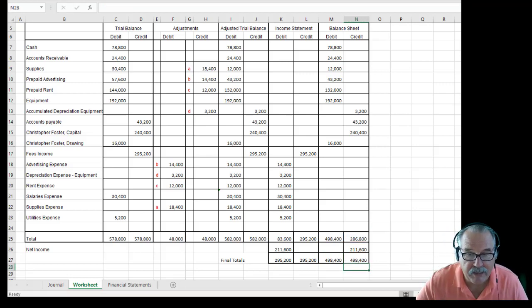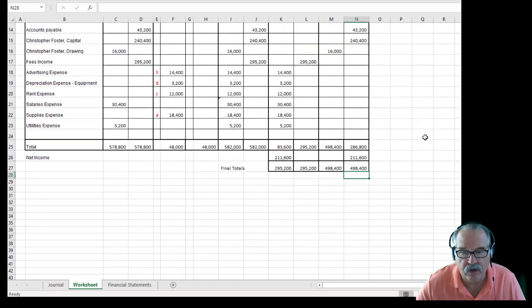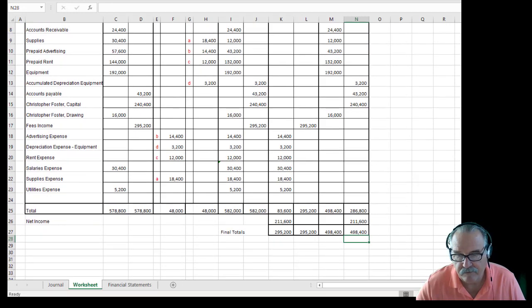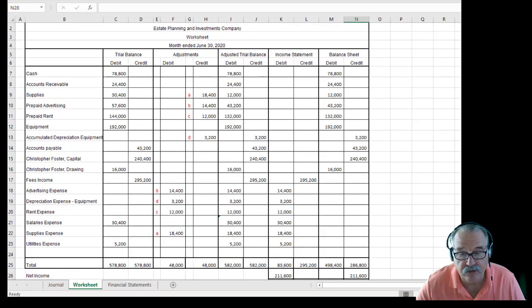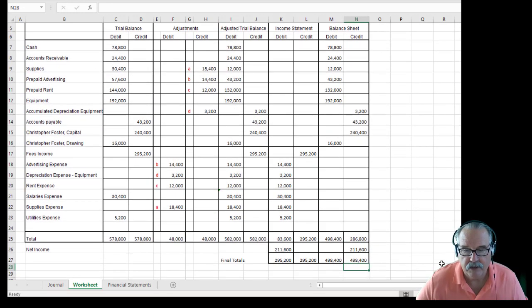Now, this is not a balance sheet, and this is not an income statement. This is just a tool for being able to prepare the financial statements. So now we can prepare the financial statements from this schedule.